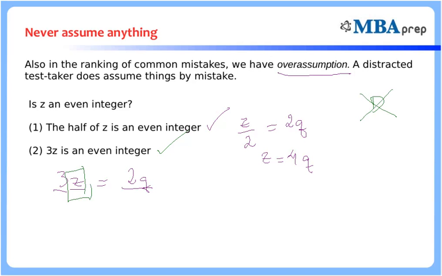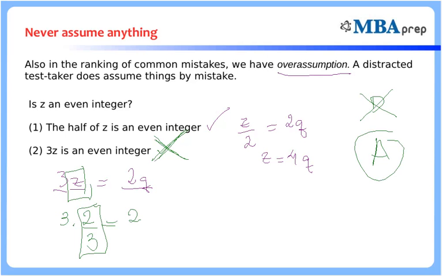It could be not an integer, or worse, it could be something that is not even an integer. So if I do this, the result is 2, which is even. But Z is not an even integer. It's not even an integer. So this one is, in fact, not sufficient. And the answer to this question is letter A.